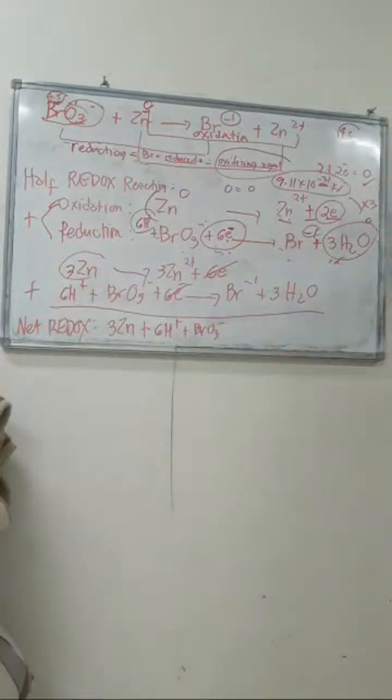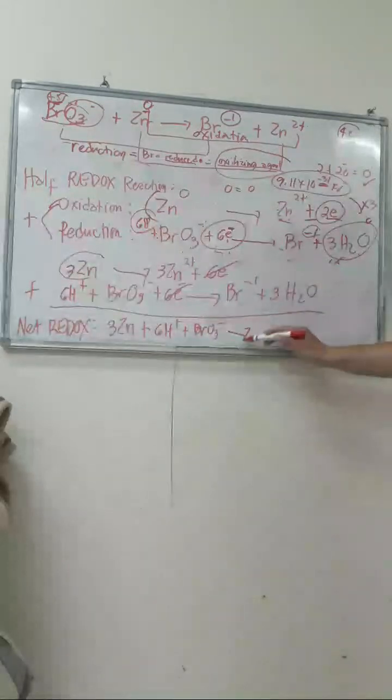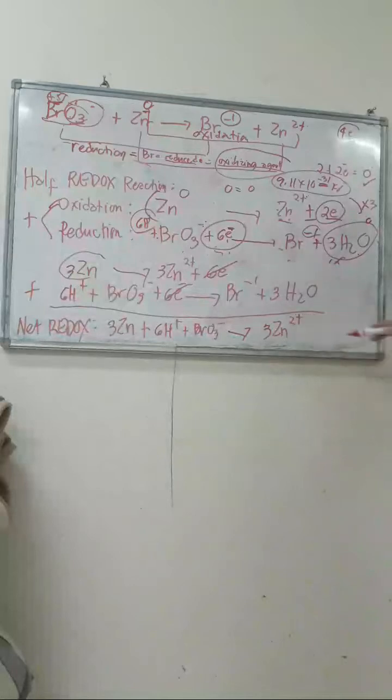Visually inspect, because the moment you miss one element or one compound, you will be wrong in your redox, and the atoms and charges will never be balanced. Is equal to 3 zinc 2 plus, plus bromide negative 1.